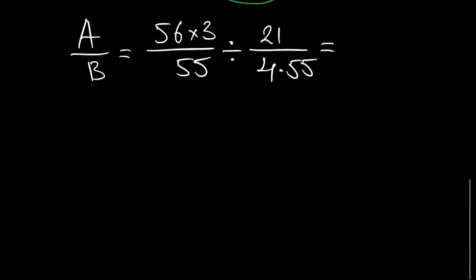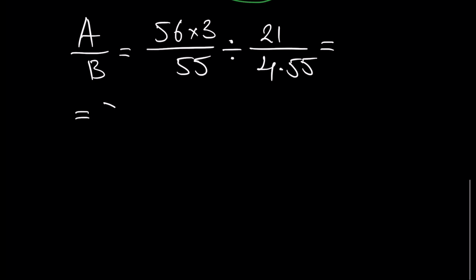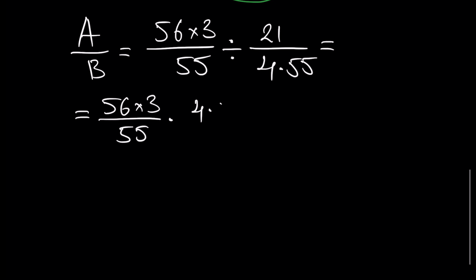Let's transform our division to multiplication and rewrite it as 56 times 3 over 55 multiplied by 4 times 55 over 21. Next, let's rewrite, and we will have a very simple answer.